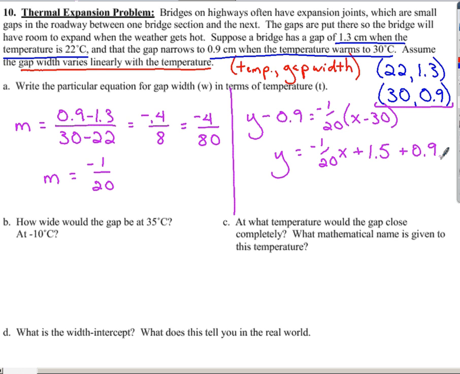We could go either way here. We can keep it as a fraction, switch the 9/10 over if you want, or just go to the decimals. Decimals are fine here. In fact, it's given to us in decimals, so it makes more sense. But y is going to equal negative 1/20 x plus 2.4. Now I have an equation to work with to answer the rest of the questions here.